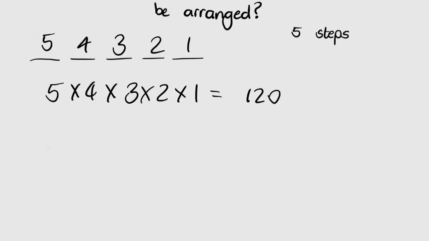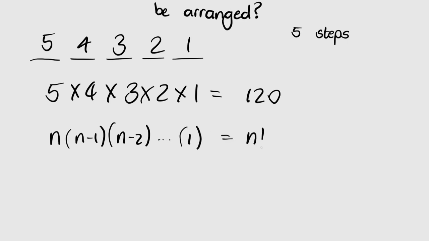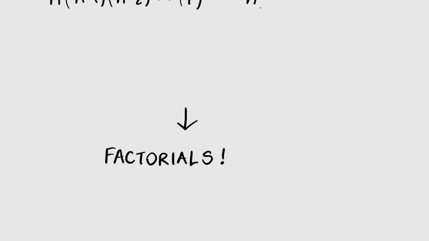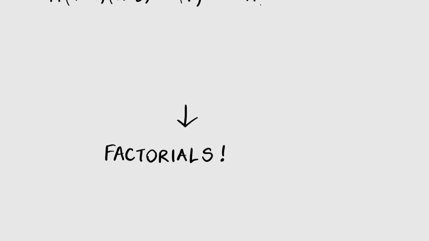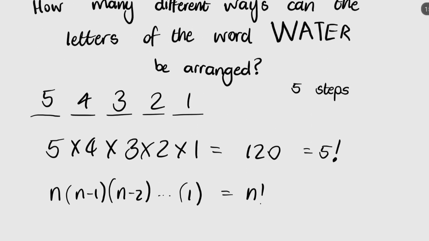A number, let's say some number n, multiplied by n minus 1 multiplied by n minus 2 dot dot dot all the way down to 1, that is equal to n factorial. So this number here is equal to 5 factorial. That is introducing the concept of factorials. And that's just a shorthand way of writing all this, because this can be a lot.